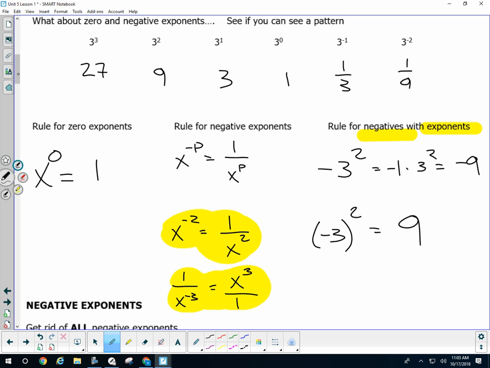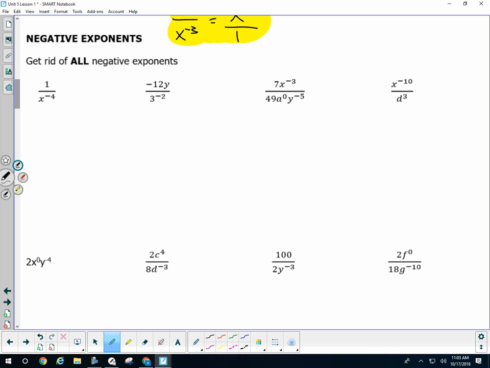Okay? All right, let's start dealing with negative exponents. We want to get rid of all of the negative exponents, and 0 exponents, we want to simplify all of these. Well, x to the -4th.